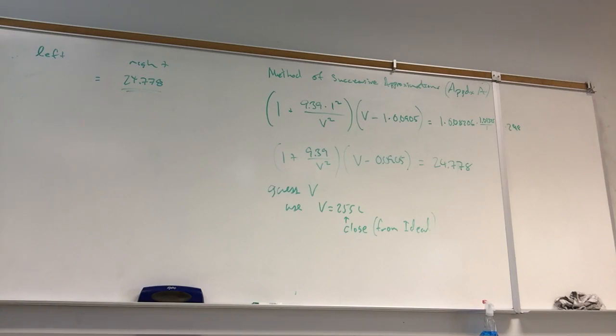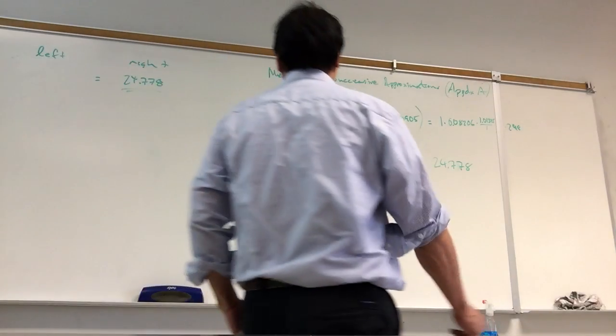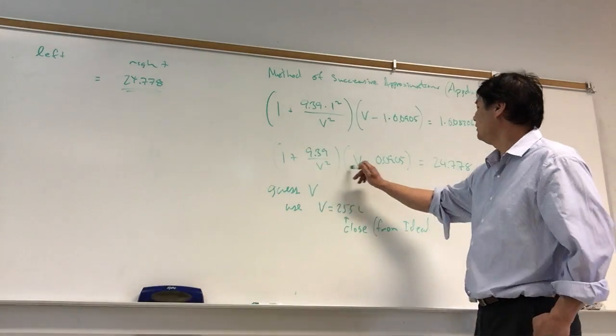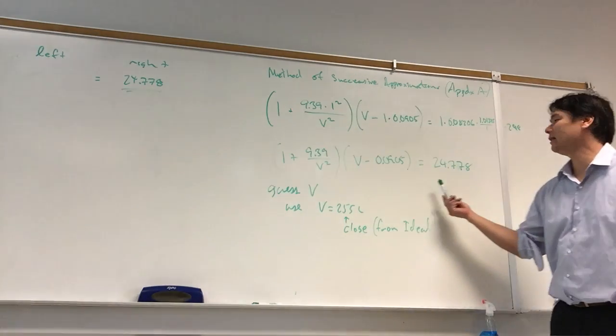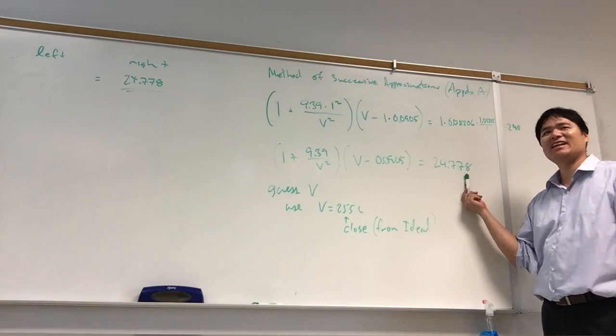But basically, let me just tell you what the principle is, since I don't have enough time here. We're going to continue guessing different V values until we get, well, are we ever going to get exact?